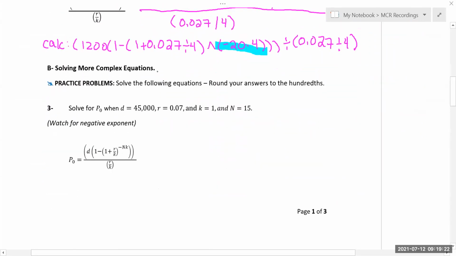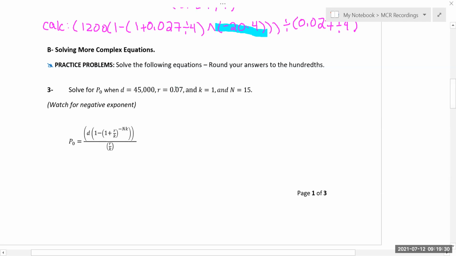All right, continuing down. Now we're gonna add in an equals. So it's solve for PO when D is 45,000, R is 0.07, K is 1, and N is 15. So again, I would add in my parentheses right here, knowing that I now have that extra set, and then put in the information we have.